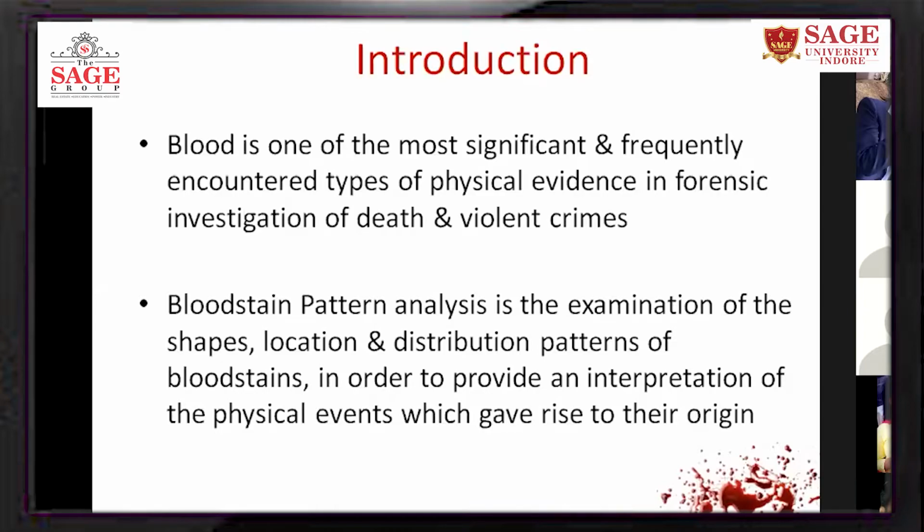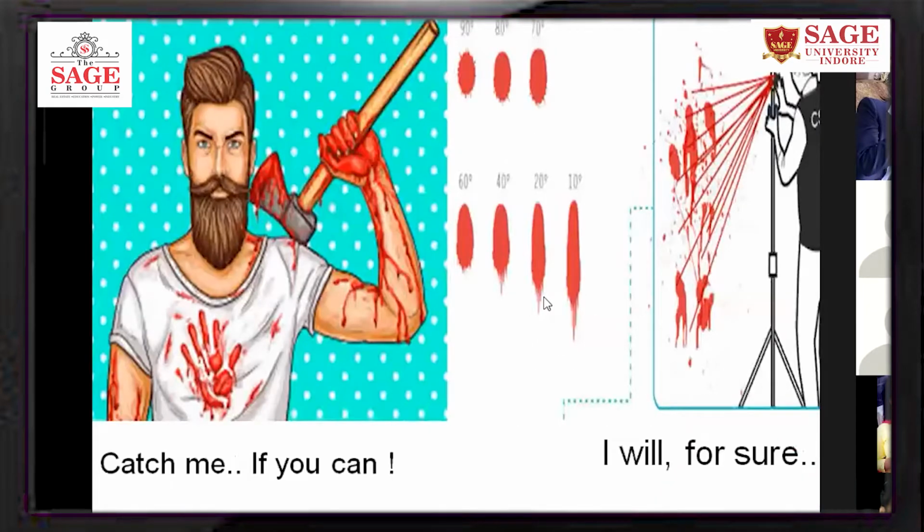Because to recreate the scene, to reconstruct the scene, we need to understand a basic concept regarding blood stain patterns, how they are. This picture is self-explanatory: a person has already committed a crime. After committing the crime, the person can leave the crime scene.